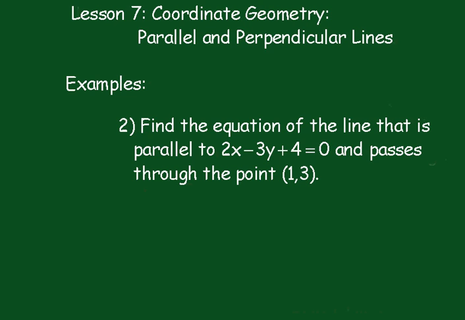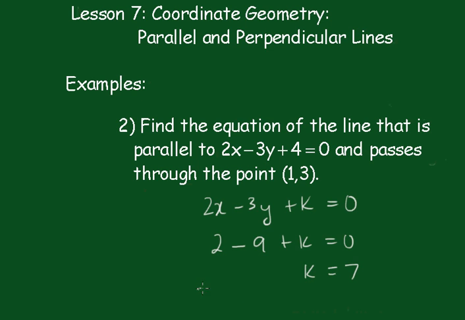Right, example 2. Find the equation of the line that is parallel to 2x minus 3y plus 4 equals 0 and passes through the point 1, 3. You could rearrange this equation and make y the subject and read off the gradient and do as I did for the first one, but the easiest way to do this one is to recognize it'll be of the form 2x minus 3y plus some constant k equals 0, and simply substitute in 1 for x and 3 for y, and that'll give me 2 minus 9 plus k equals 0, and that gives me that k is equal to 7.